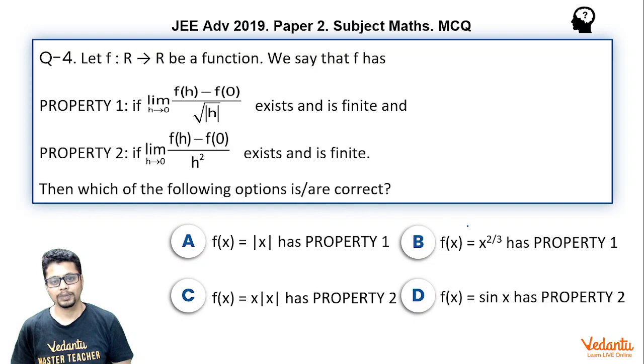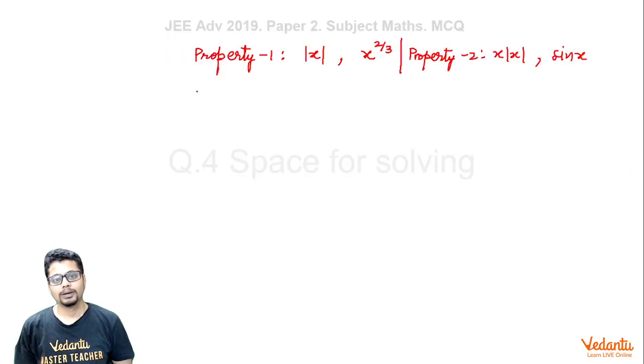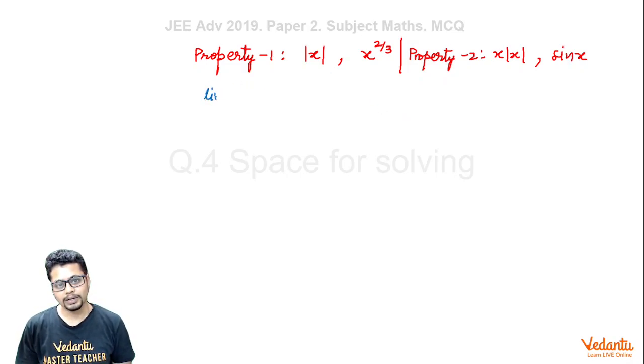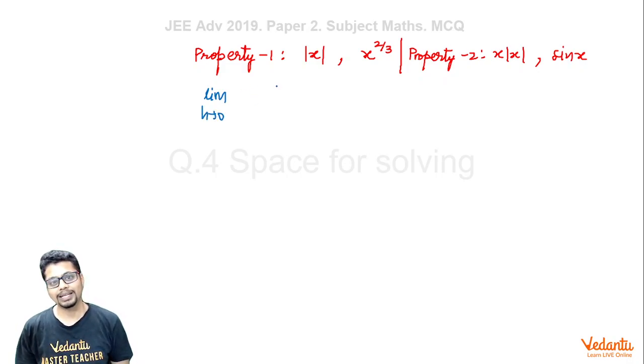Let's explore. Here we are concerned about the two functions mod x and x to the power 2 by 3, whether they have property 1 or not, and two other functions x mod x and sin x, whether they have property 2 or not. Now this is a very simple question based on basics of limits. Let's do it. Limit h tending to 0 of f of h minus f of 0 divided by root mod h.